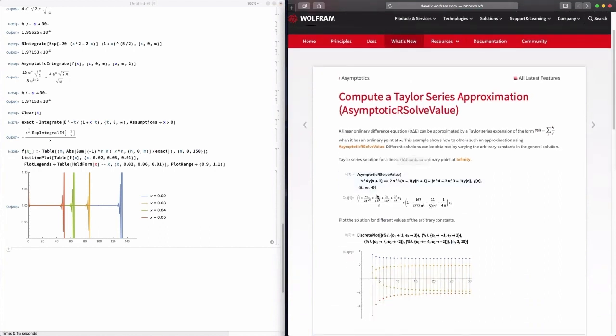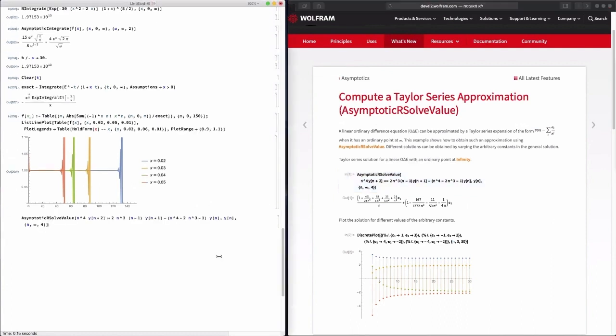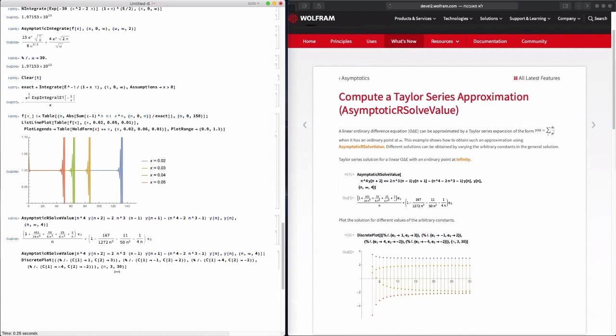All right, so let's look at AsymptoticRSolveValue. Again, we're dealing with indefinite solutions. We don't have initial conditions because we're doing this asymptotic expansion business. If we click to copy this, we see we have two constants of integration, C1 and C2, and we can plug in different values.